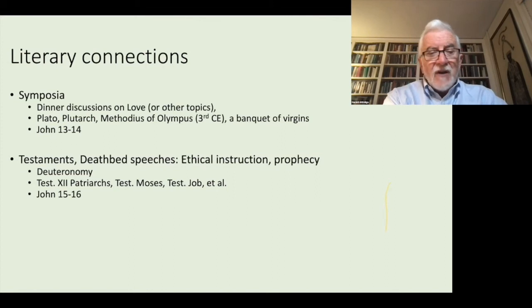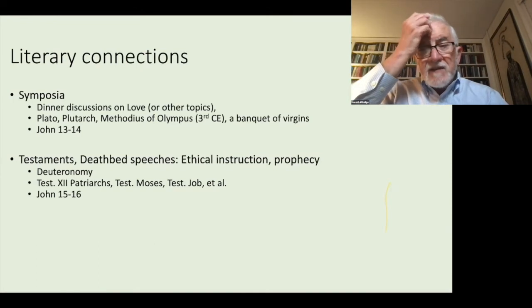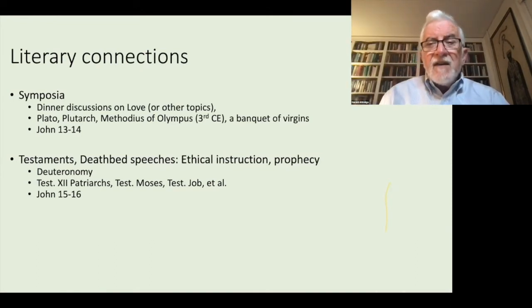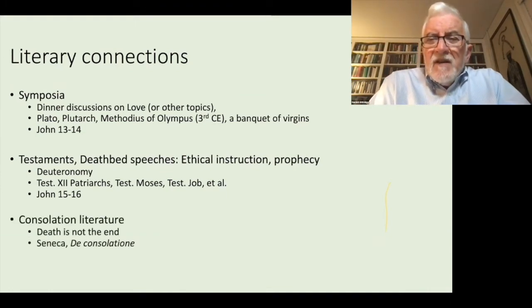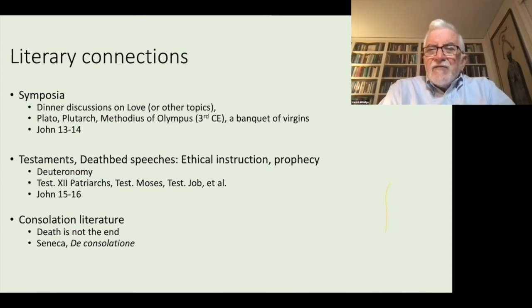We have testaments of the 12 patriarchs, testament of Moses, testament of Job, and several others. John 15 and 16 in particular, I think the latter part of this whole business comes closest to the testamentary genre.